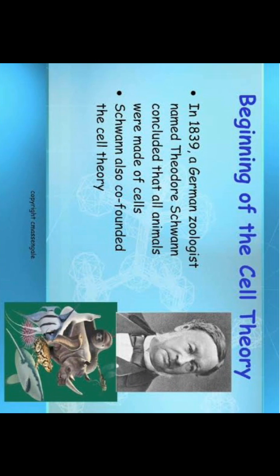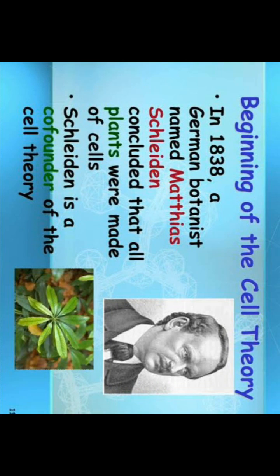Now, let us see one more important point here. Earlier to Schwann, one more great scientist, in the year 1838, a German botanist named Matthias Schleiden conjectured that all plants were made up of cells only.